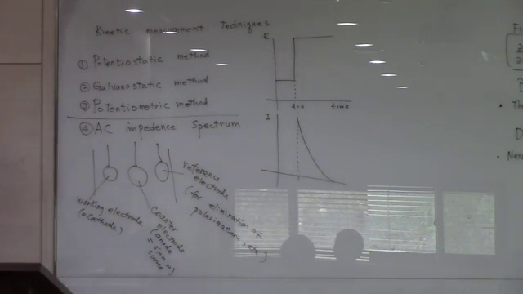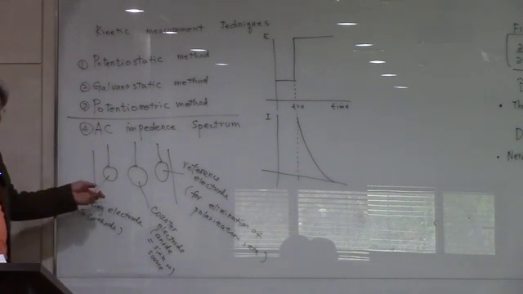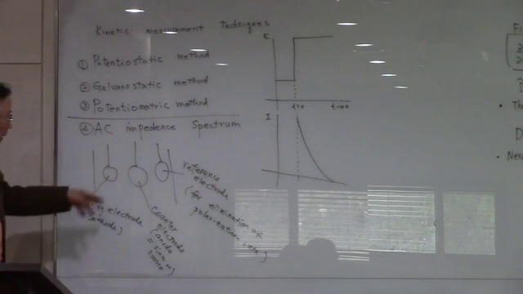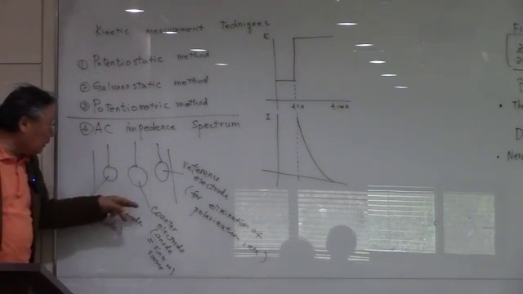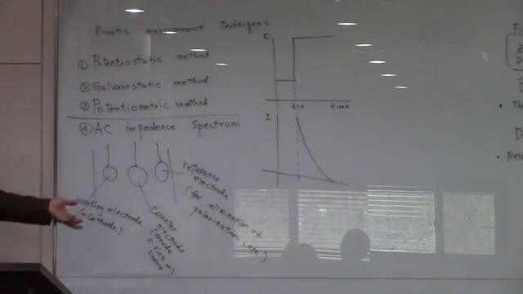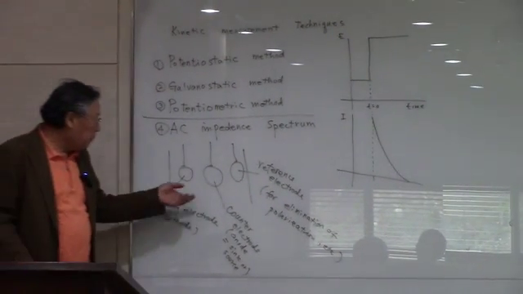We have a 3-electrode system. So if you have a lithium battery system, for example, you have a cathode such as LMO, LCO, LFP, whatever, and for the counter electrode and reference electrode, you can use lithium.